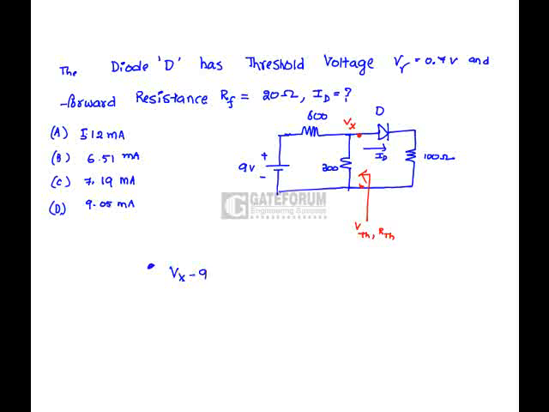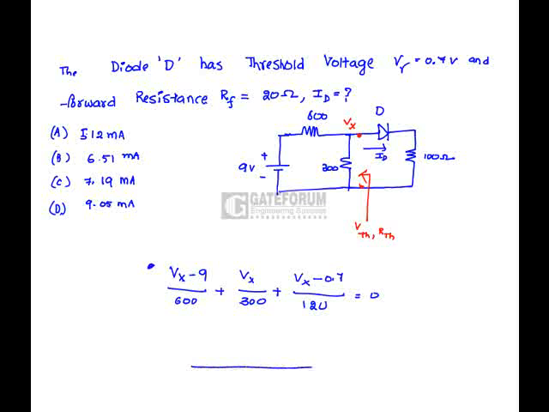Vx minus 9 divided by 600, plus Vx divided by 300, plus Vx minus 0.7 divided by 120, because the diode contributes 20 ohms resistance in forward condition, is equal to 0.